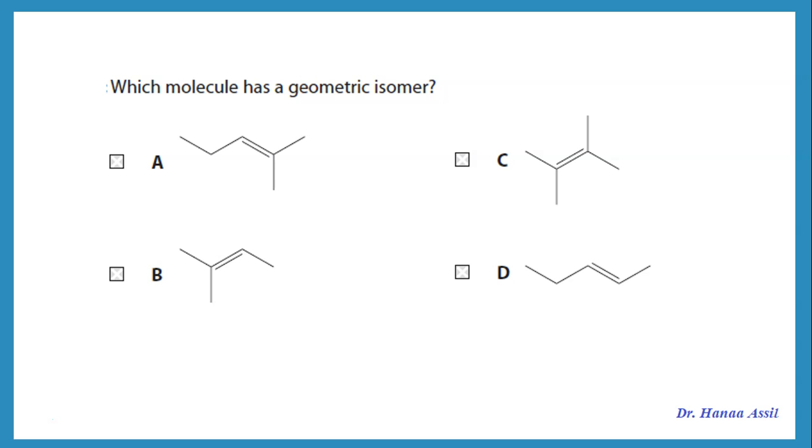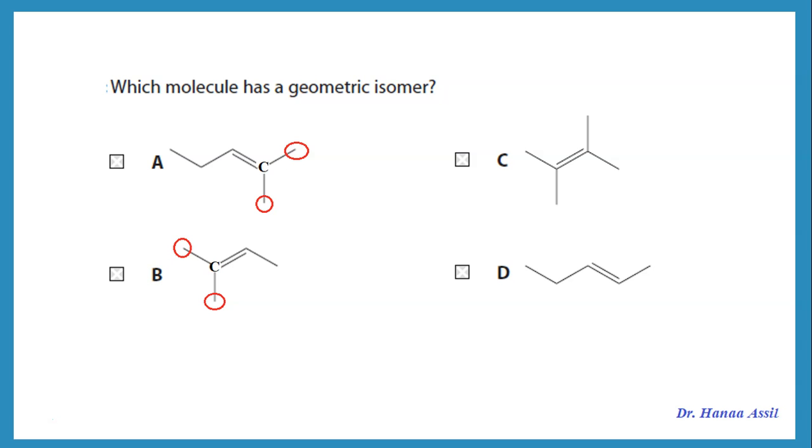Which molecule has a geometric isomer? Again, we said to have a geometric isomer, we must have first of all a double bond. Then each carbon bonded to the double bond must be bonded to different groups. So let's look at A. That carbon is bonded to the same methyl groups. In B, do we have a double bond?